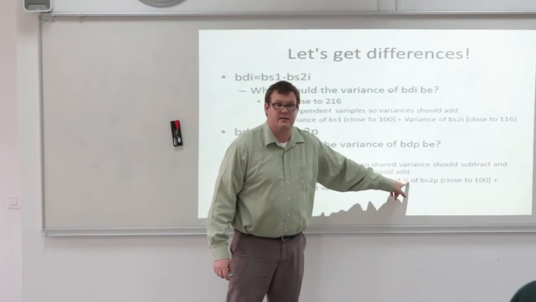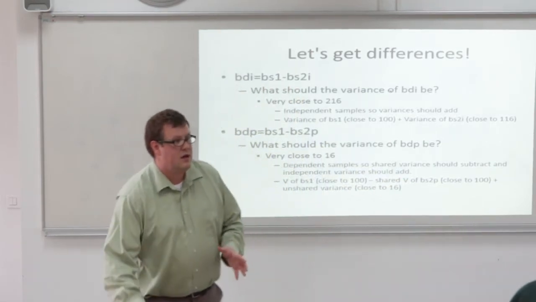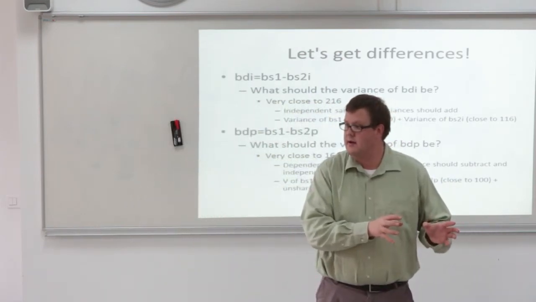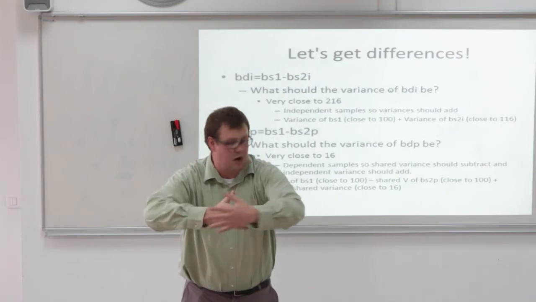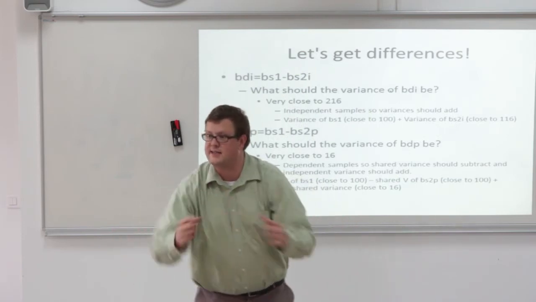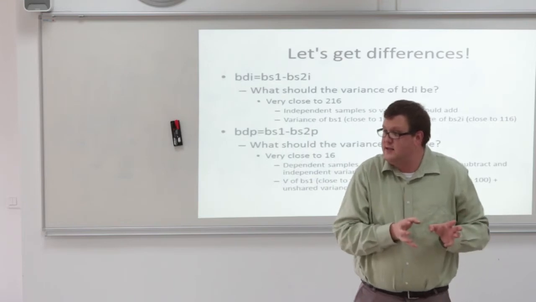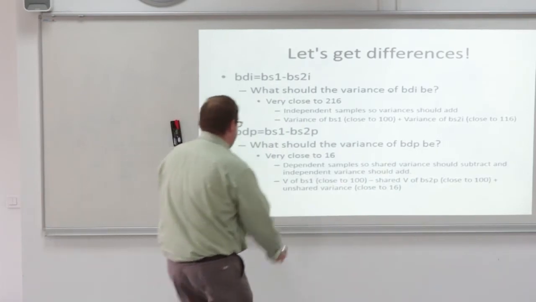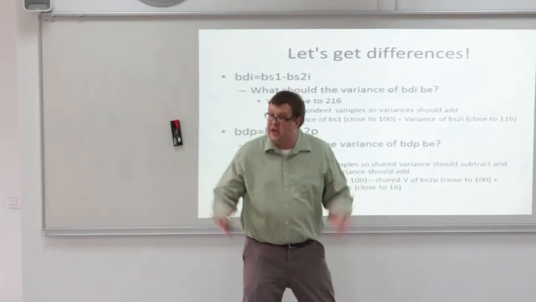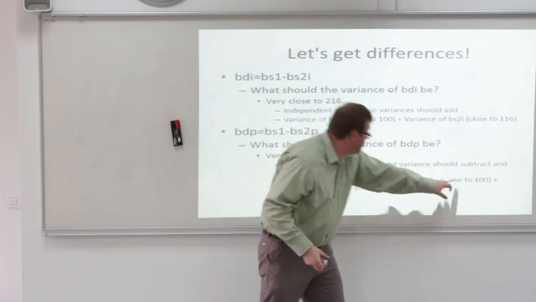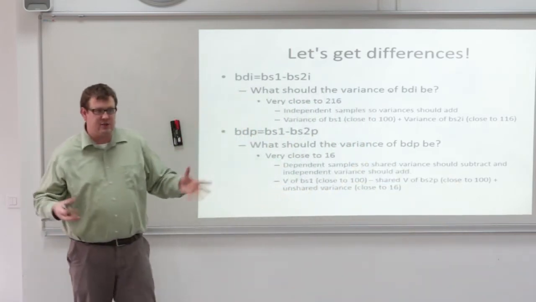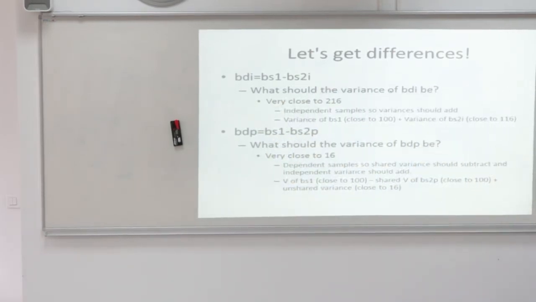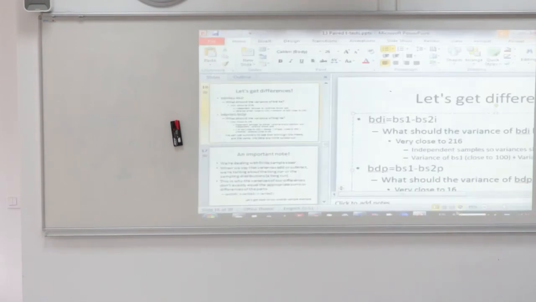Our shared variance in the paired, well, all we did was add these random differences onto that, right? So all of the variance except for the variance of these differences is shared, right? So we have close to 100 minus the shared variance for our paired samples, which should be close to 100, plus the unshared variance, which is just the variance of the random differences that we picked out. So it should be close to 16.